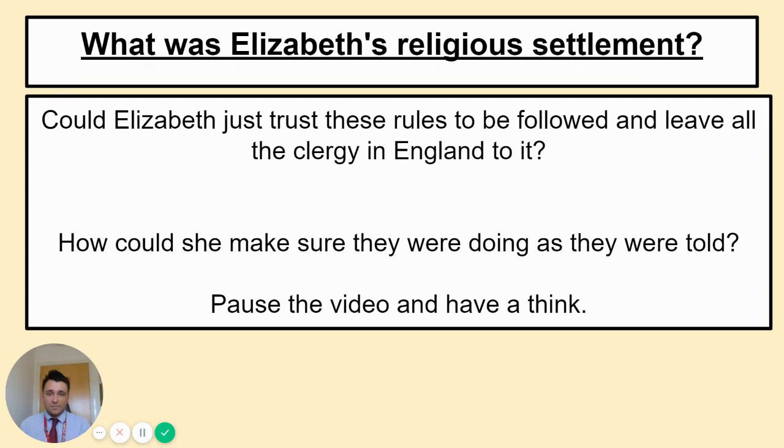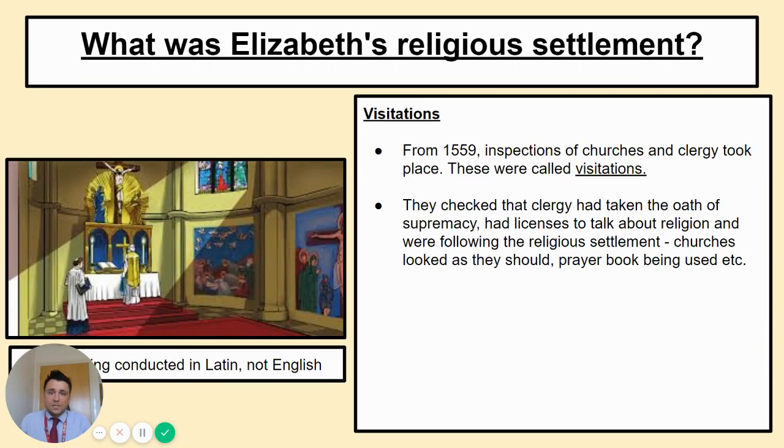Now, Elizabeth set up something similar here. This was called visitations. And basically, from 1559, as soon as the religious settlement came in place, inspections of the church and clergy took place as well.